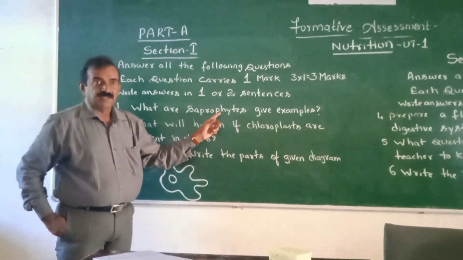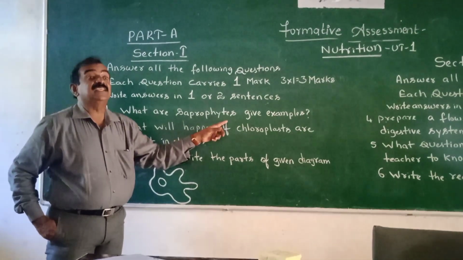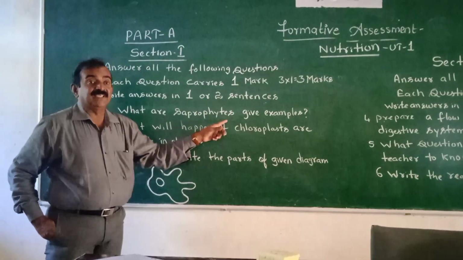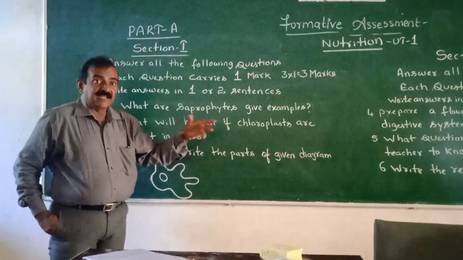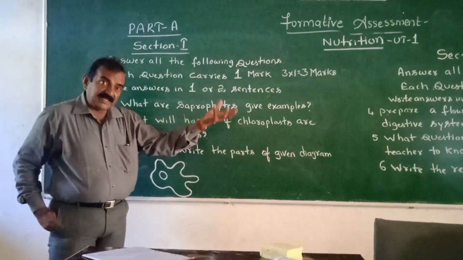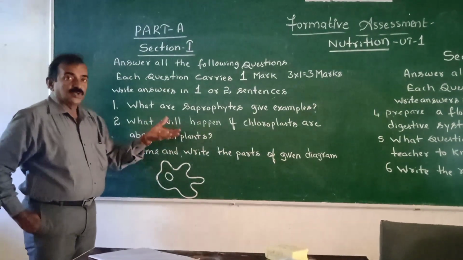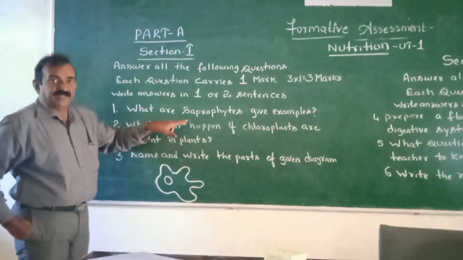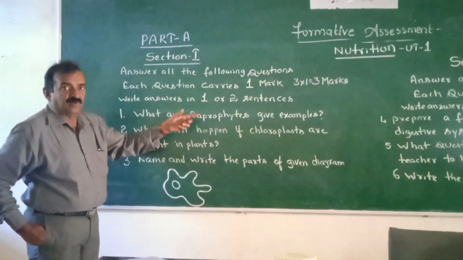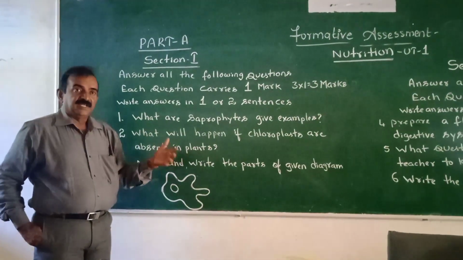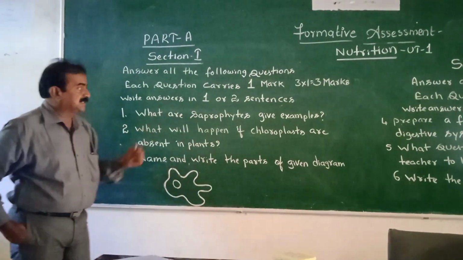Examples given are mushrooms, yeast, and bread mold. They digest the food outside the body and absorb it through the body surface. That type of nutrition is called saprophytic nutrition, and they are called saprophytes. Yeast, bread mold, and mushrooms are examples for saprophytes.